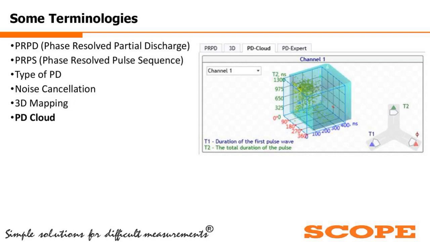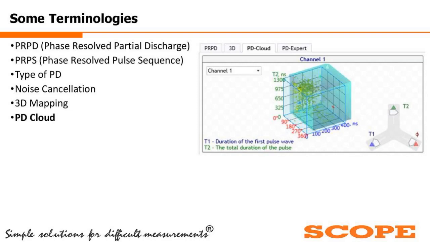So I can generate a PD cloud, something like a PD map with software iteration. Okay, in this zone the PD might have happened. So from that I will once again be able to understand, yes, this is the probable problematic zone.